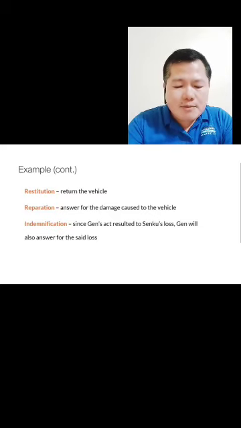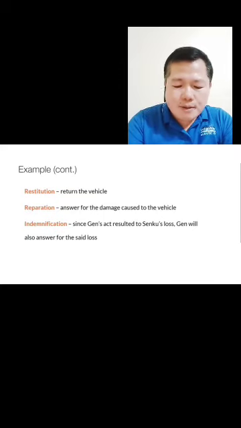If it's not possible to return the vehicle, let's say the vehicle exploded, what is possible is our second scope, which is reparation. So reparation is to answer for the damage caused to the vehicle.